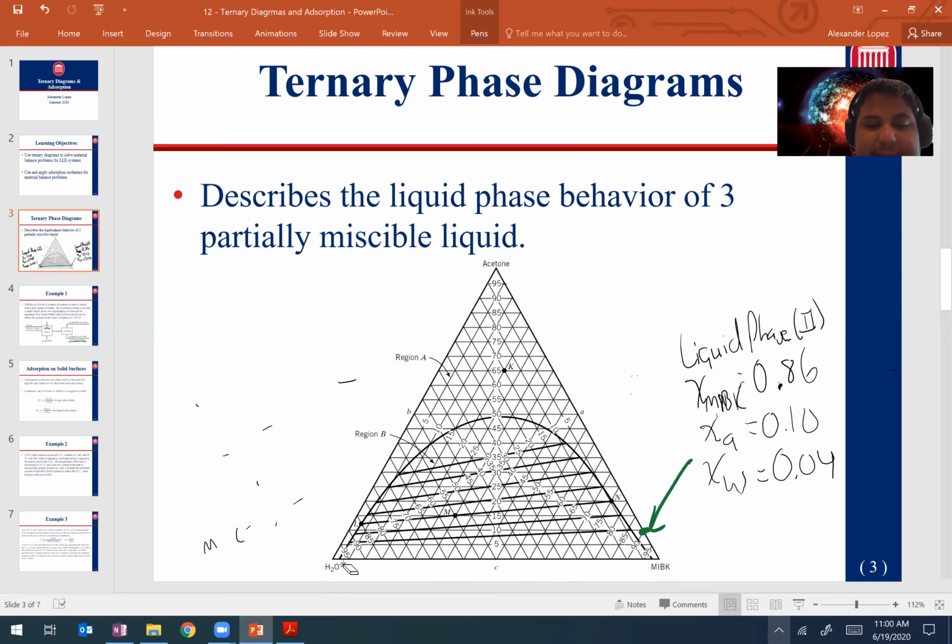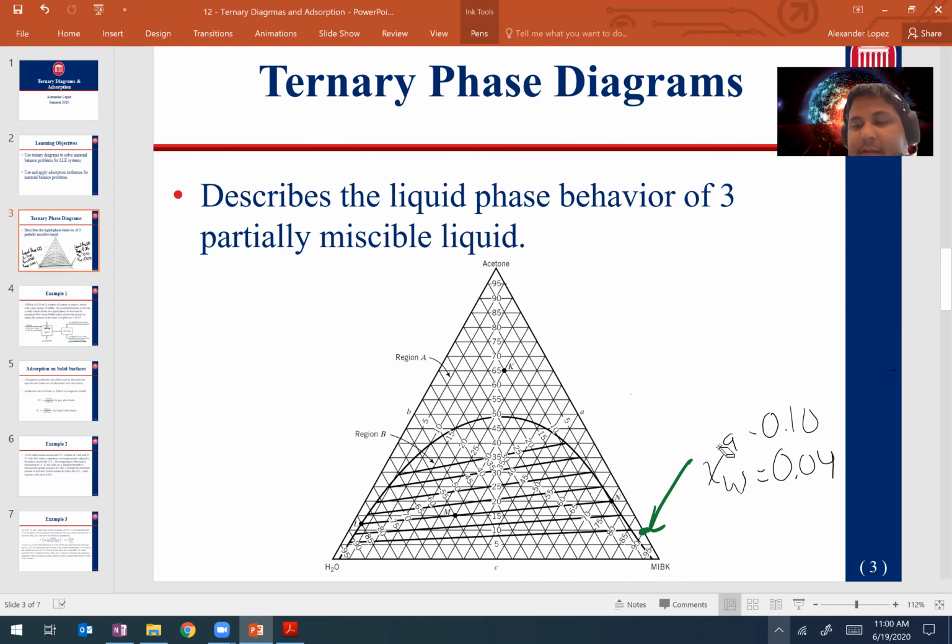Being able to pick the point and read it properly, it's not going to be perfect. I would recommend though on the final, I will probably give you a ternary diagram. Just label them like I was doing here, so I kind of have an idea of what you're doing, so I can at least ensure when I grade that you're looking at the right areas and you're picking the right points. Even if your numbers are off a little bit, I'm still going to award full credit so long as you can demonstrate to me that you're interpreting the diagram properly.